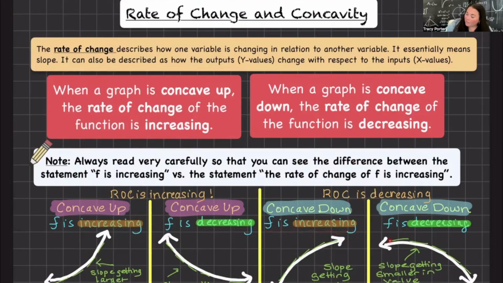And then here it starts out pretty flat, but it's starting to get steeper, and the slope would be negative. So the number in value would be getting smaller. So the rate of change is still decreasing. So you've got the rate of change decreasing and the function is decreasing.